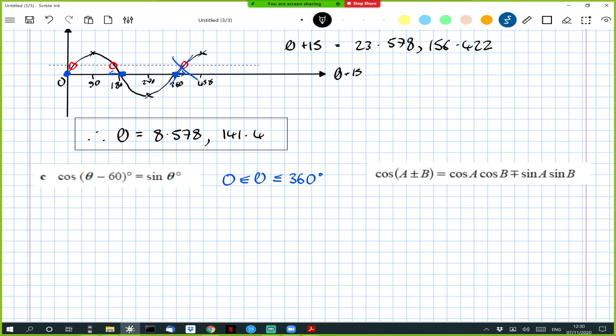Okay, so expanding that, we'll get cos θ cos 60, and it's the minus here, so that means there's going to be a plus here: plus sin θ sin 60 equals sin θ.